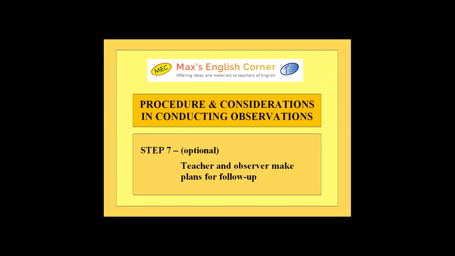When the observer sees one or more areas that the teacher can make further progress in, the observer suggests how that could be approached, and then at a future date, another observation may or will be done to see how well the teacher is faring regarding those aspects that were discussed.